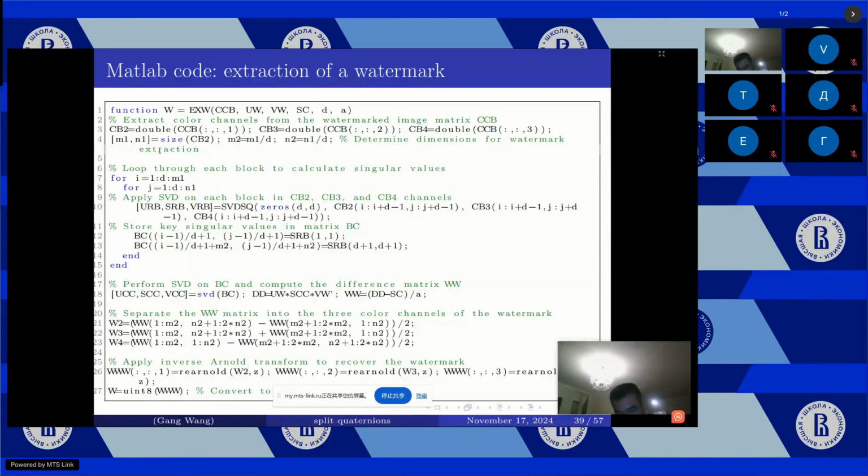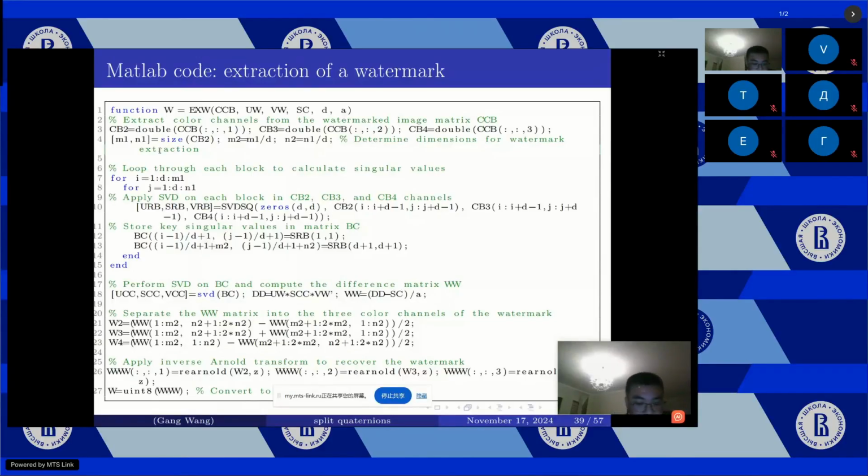The next step involves reversing the linear combination used during embedding to retrieve the scrambled watermark data. Finally, the inverse scrambling operation is applied to recover the original watermark, ensuring its integrity and usability.